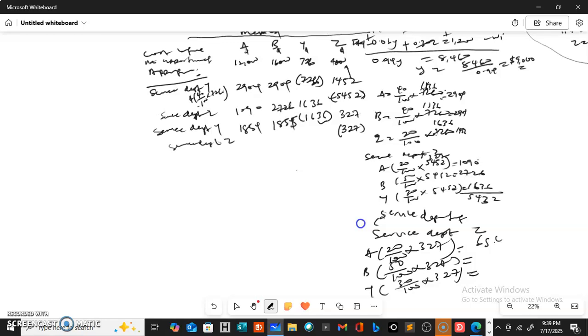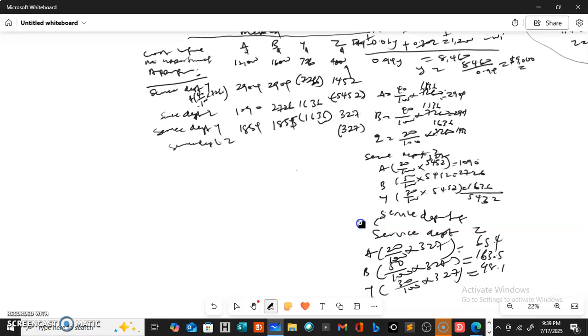Then 0.50 multiplied by 327 gives us 163.5, which is approximately 164. The next one, 0.30 multiplied by 327, gives us 98.1. Okay, so let's move on.